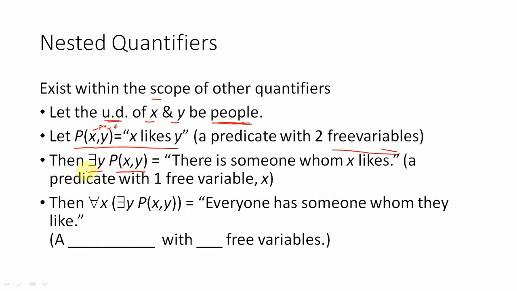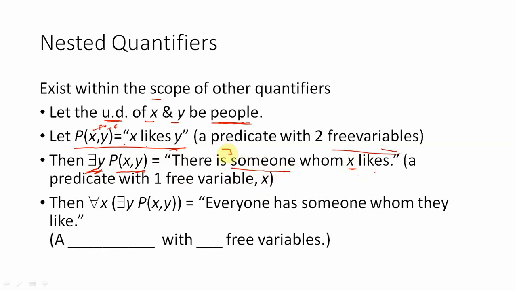It means I have bound the variable y. That means there exists one particular value of y. Remember, P(x, y) defines x likes y, and on y I have put a quantifier, there exists. So there is someone whom a particular x likes.